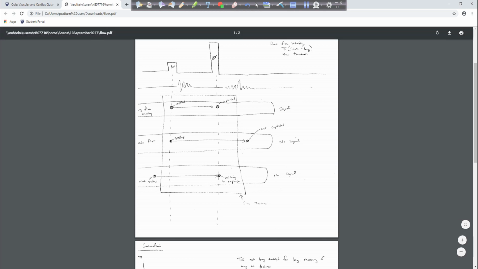So this second little diagram here is a good indicator of why we get black blood imaging with spin echo pulse sequences. Because if a nuclei gets excited, usually it's too fast and it leaves the slice before it actually gets rephased by that 180 degree refocusing pulse. So when that happens, we get no signal from flowing blood.